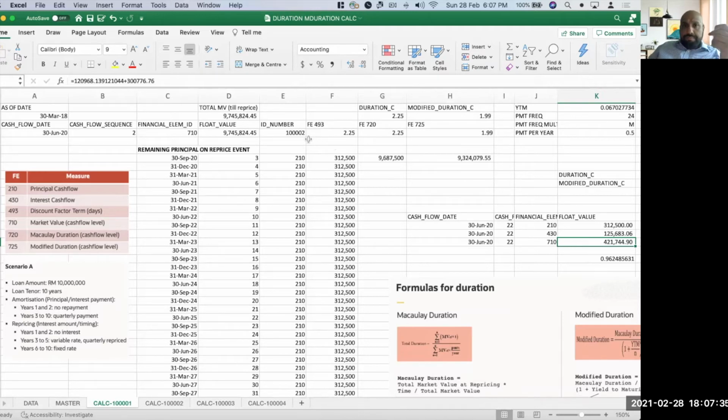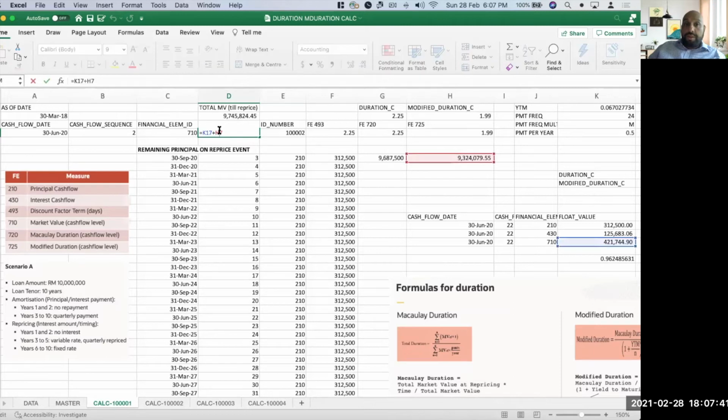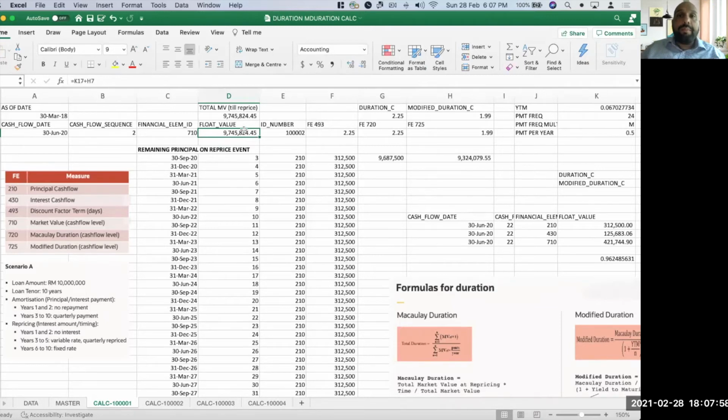Now, what it does is it accounts for the total of what's getting calculated as of the 30th of June 2020, and also adds the discounted value of the remaining principal at the repricing event, discounted at today's value, now that we know the entire amount is getting repriced on 30th of June 2020.